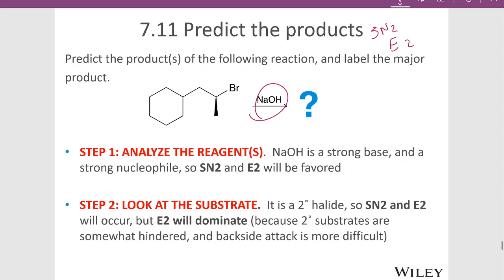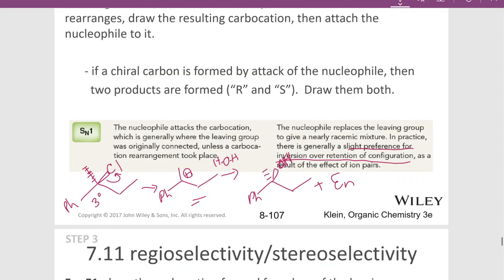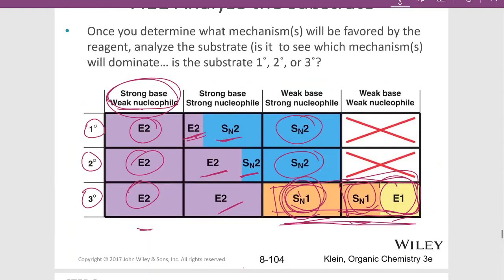So sodium hydroxide is a strong base and strong nucleophile. And it is a secondary alkyl halide. So SN2 and E2 will occur, but E2 will predominate. So how do we know that? Because of our chart.